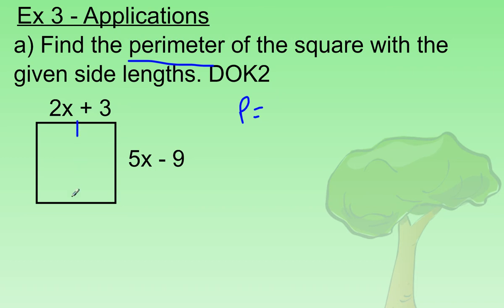Well, you'd add the 4 sides together. So you could say like 2 lengths plus 2 widths, which is actually the formula for the perimeter of a rectangle. For a square, since all the side lengths are the same, you could say the perimeter is 4 times whatever the side length is.